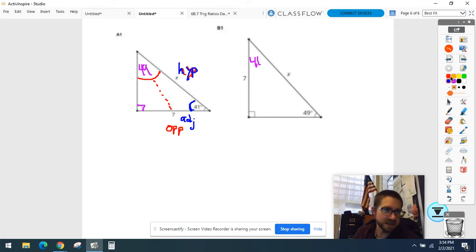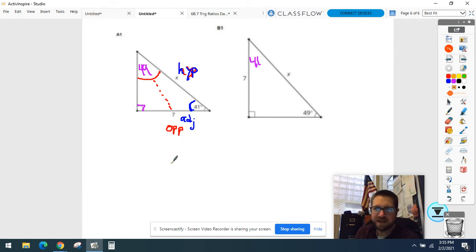So as far as setting up 2 equations go, when we set up those 2 equations, we're really using the same numbers everywhere, because the opposite of 49 is the same as the adjacent of 41.